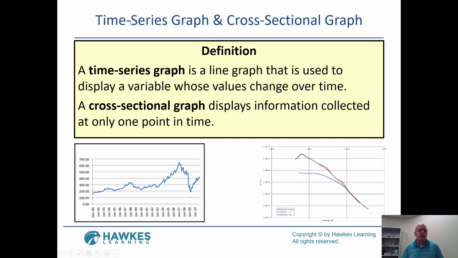A couple of definitions. A time series graph is one that shows values changing over time. Take note that the time values, days, years, whatever they are, are usually on the horizontal axis.